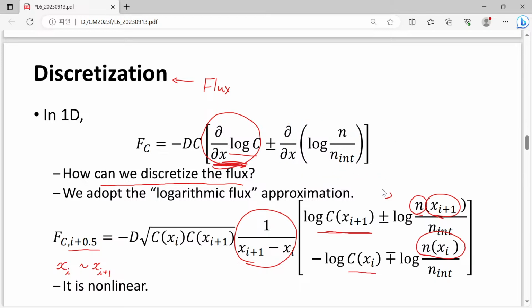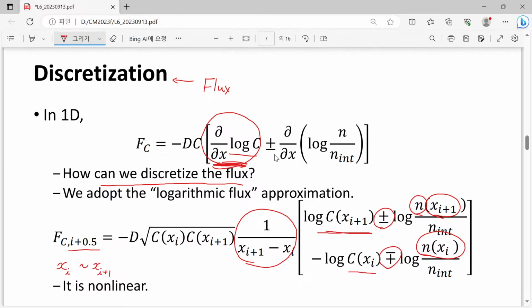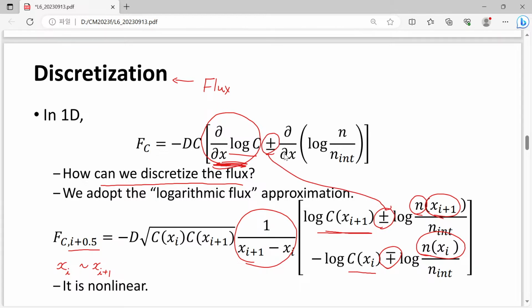Here you have somewhat complicated signs. However, you know that this is obtained from just having the negative sign or inverted sign here, because we must take the first term and its inverse, so we have this form.